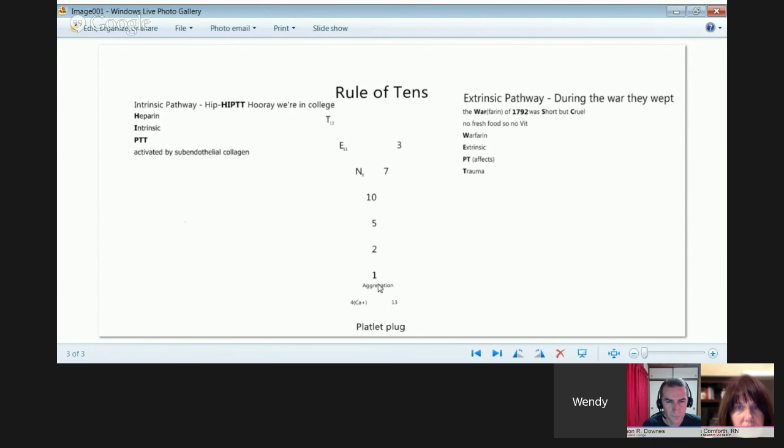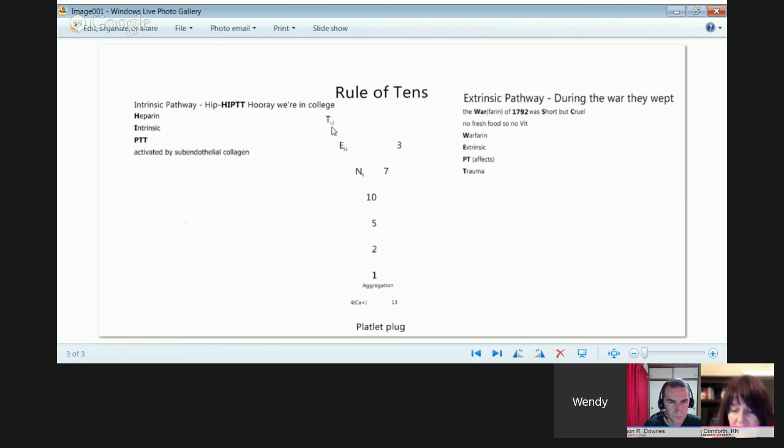And then if you look down below, you have 5, 2, and 1. If you multiply those together, you get 10. And that's the common pathway. So the TEN: T for 12, E for 11, and N for 9.